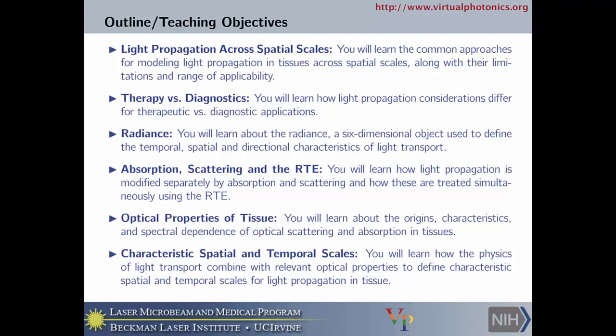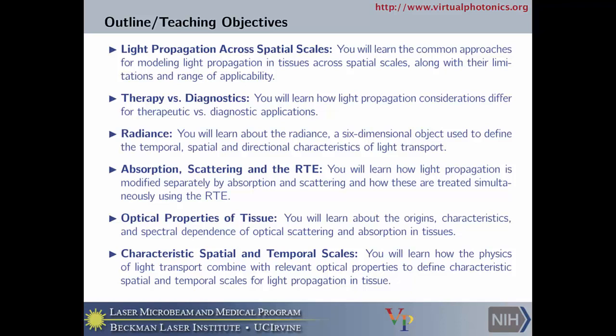Then we'll focus for a bit on light propagation from a transport perspective, where we ignore for the moment the wave properties of light and treat light as the propagation of a neutral particle.